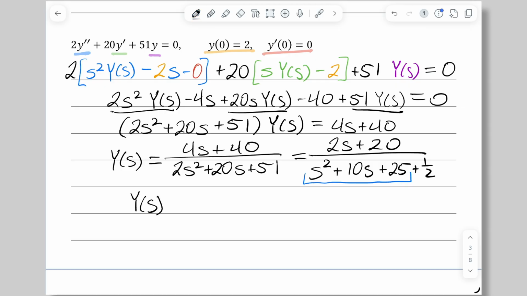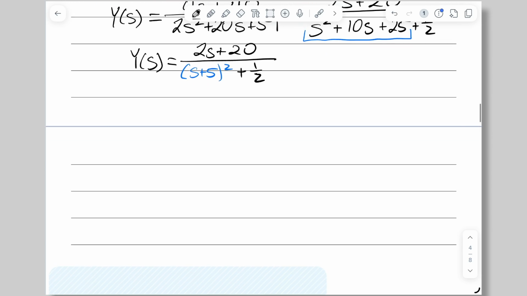So we have that Y of s is equal to 2s plus 20 divided by the quantity s plus 5 squared, plus 1/2. Now it's time to interpret what we have in terms of inverse Laplace transforms. That s plus 5 in the denominator tells us that we're going to have a shift, and I'm going to be looking for an e to the negative 5t in our answer.